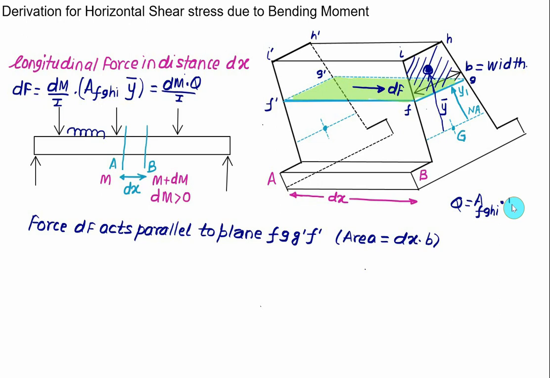So the product of area of FGHI multiplied by y bar is replaced by Q. So we have dF equal to dM into Q by I, where Q is equal to area multiplied by y bar.